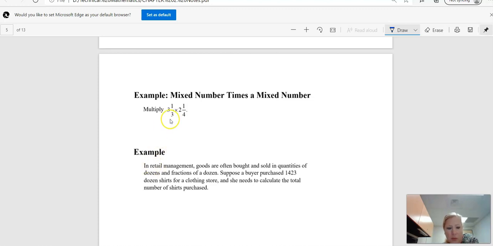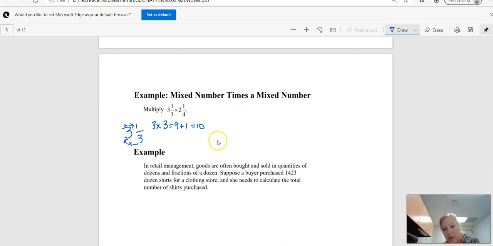Okay, now we've got 2 of them. So I'm going to make both of these into improper fractions so that it's easier for me to multiply by hand. So I'm going to do 3 times 3 and get 9. Then I'm going to add my numerator, and that's going to give me 10.